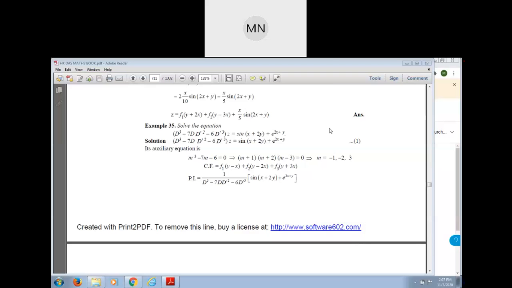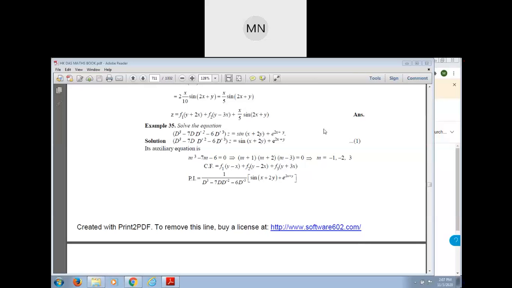Let me start. Today I will discuss some problems related to non-homogeneous linear partial differential equations. Methods for finding the PI have already been discussed for exponential functions, sine and cosine functions, and for f of x, y like x power m, y power m, and so on.